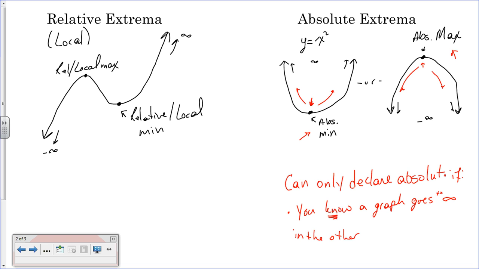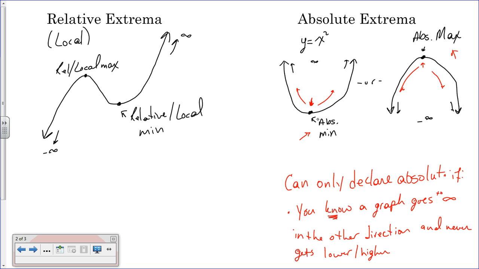So it could go to positive infinity, but it could also go to negative infinity, in the other direction. All right, that'll be more clear when we start to do some problems.